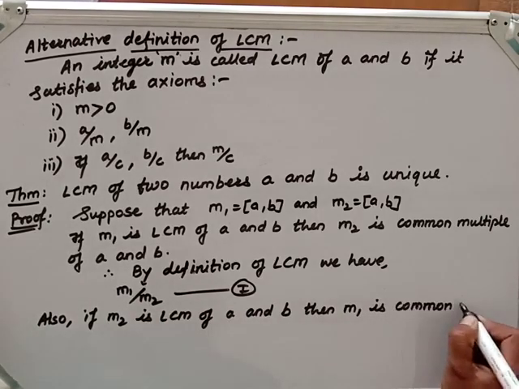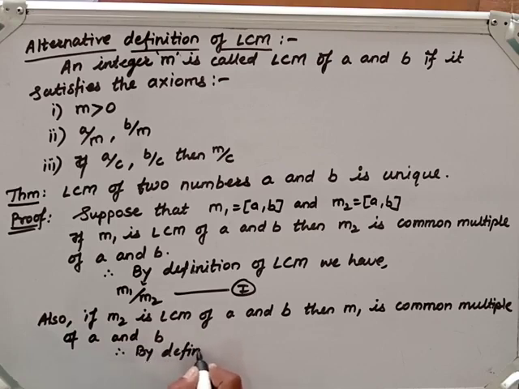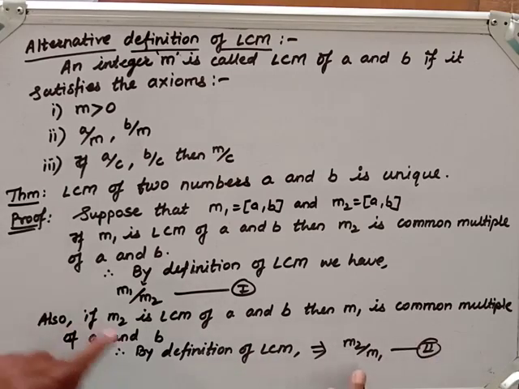If you remember, GCD is unique. That time also we had used the same trick to prove it for A and B. So again by definition of LCM, M2 divides M1. Call it equation number 2. Now from 1 and 2, first divides second, second divides first.